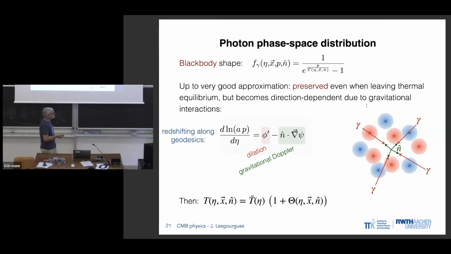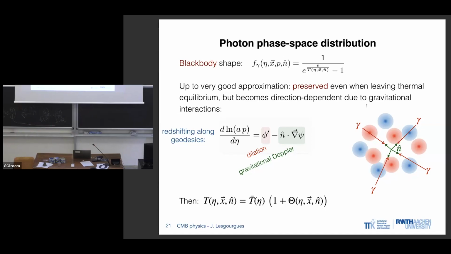Essentially, anisotropies, which are the dependence on direction, are very small compared to the background. Spectral distortions, which are a non-trivial dependence on P, are very small compared to the black body shape. Looking at the two effects together, anisotropies in the distortion is another, second-order effect, which is probably not detectable. So this is why we can separate these two problems: studying the anisotropies under a perfect black body assumption, and later studying the spectral distortion in a homogeneous universe.